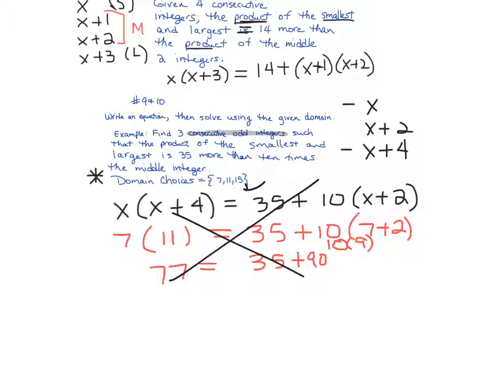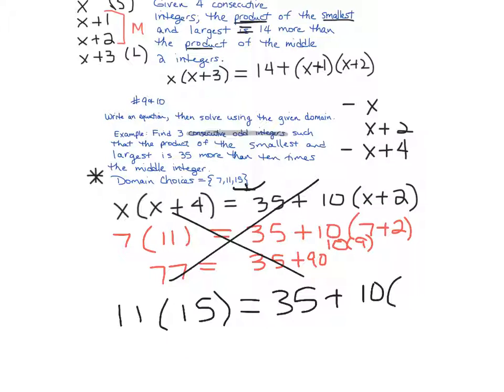So if I do 15, or I'm sorry, I'm going to do 11, do the middle one. 11 times 11 plus 4, which is 15, and then 35 plus 10 times 11 plus 2, which is 13.